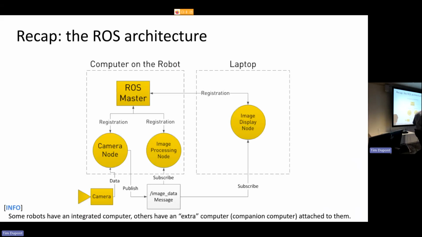In this example, the robot has a camera and a node to get the data of the camera, an image processing node, but it doesn't display anything.